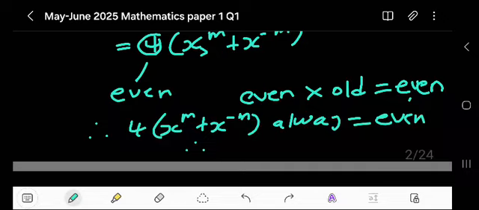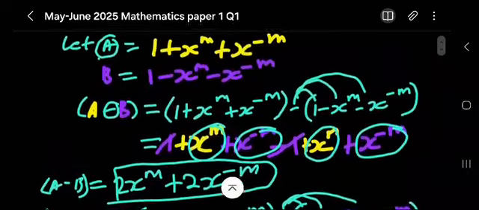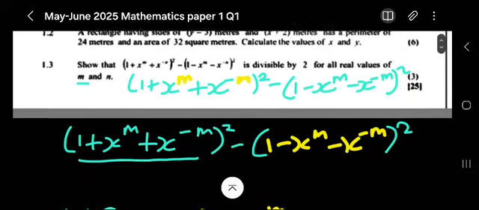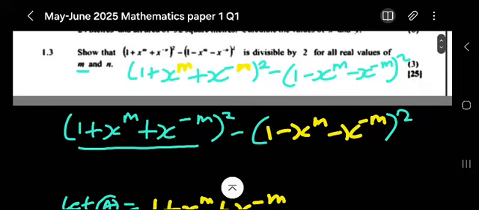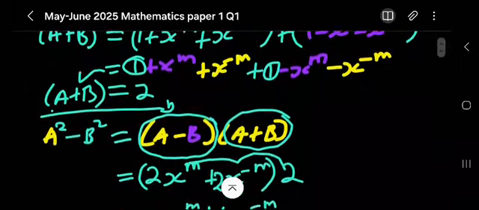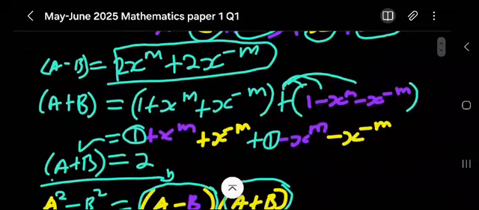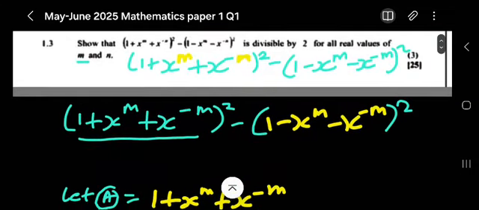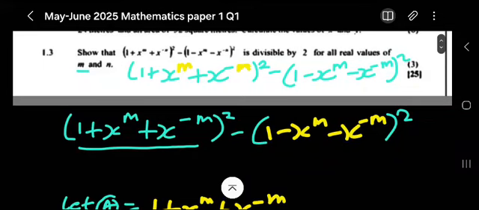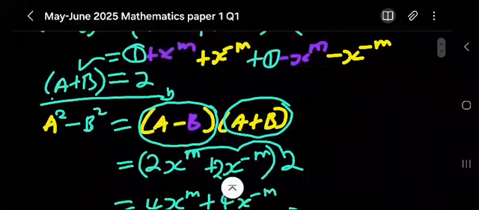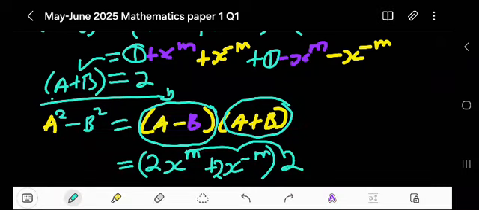For any value of x and m, isn't it? They say for any value of m and n there. I thought it was m, guys, but it's one and the same. I don't see it clearly, guys, but it's one and the same thing.